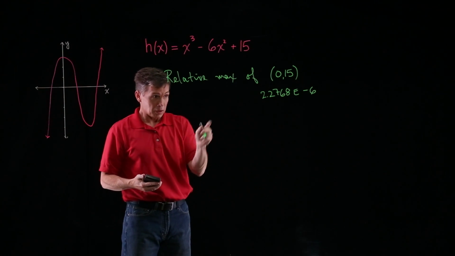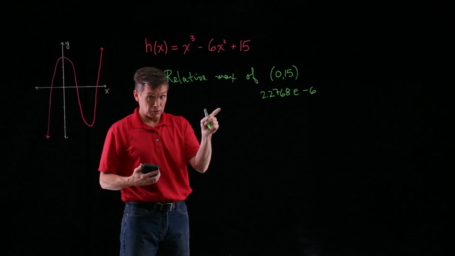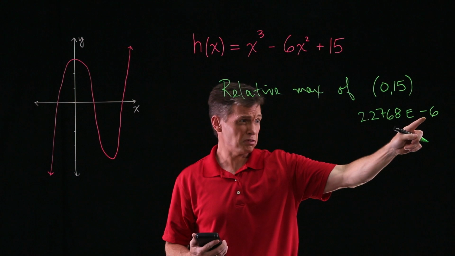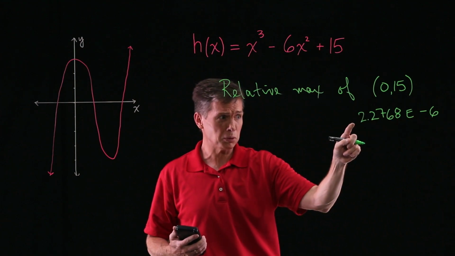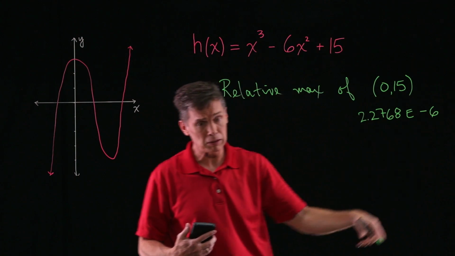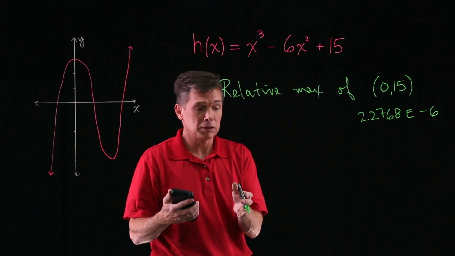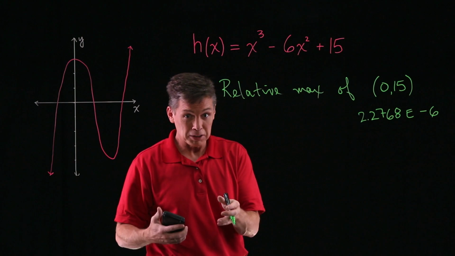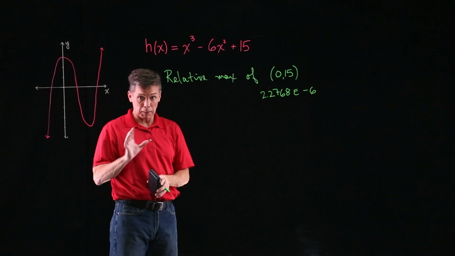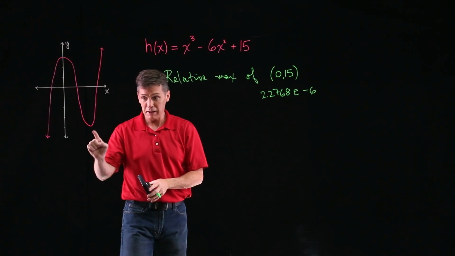I say be careful, because that is not saying that your x value is 2.2, right? The scientific notation actually means 5 zeros before that 2.2768. But that's your calculator doing its best approximation of 0. Okay, relative min.